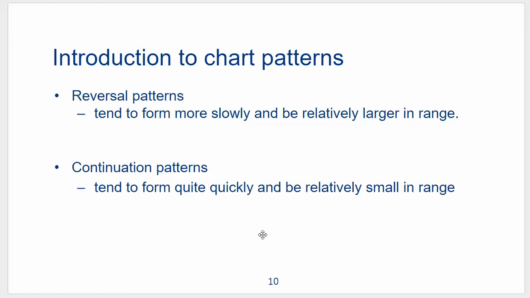And if you think about it, in continuation patterns, the market participants that were forcing the price action up in the trend are taking a little bit of a break and starting to accumulate more positions, and then we have a vacuum of positions that they want to accumulate, and they have to bid higher prices.